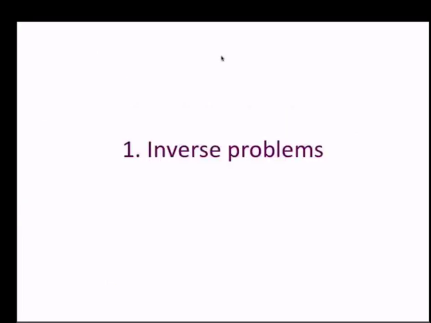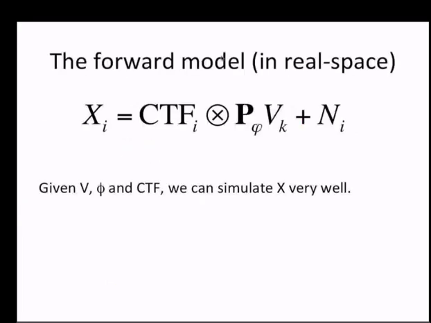Many problems in science you can think of in two ways. There's the forward model, which in our case, if you know the three-dimensional structure, for example V_k in this notation, then you can calculate in the computer two-dimensional projection images of such a three-dimensional map in a direction phi, for example.